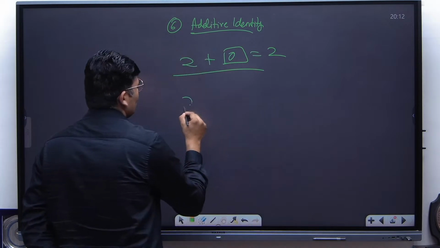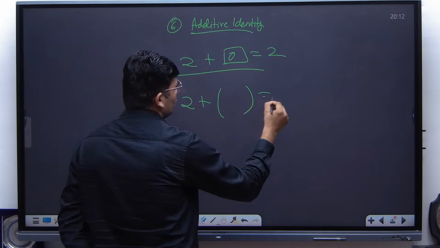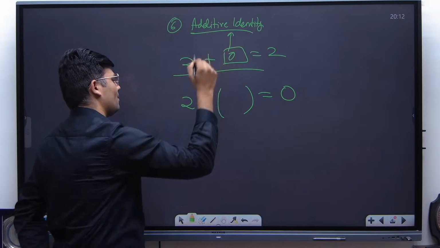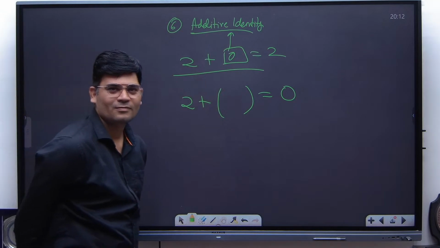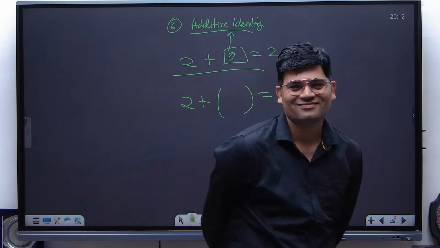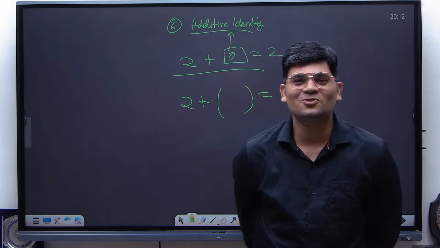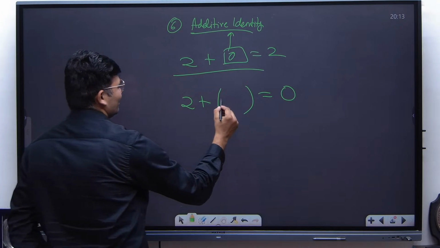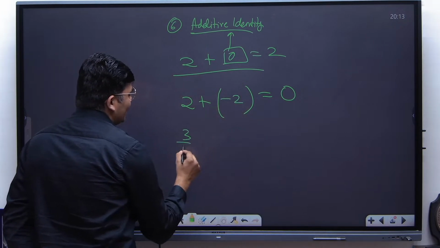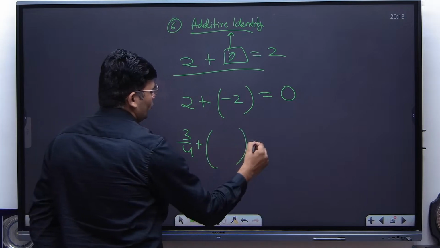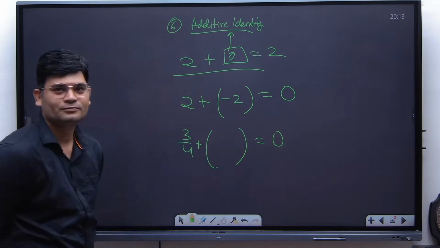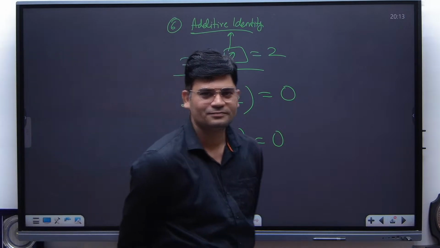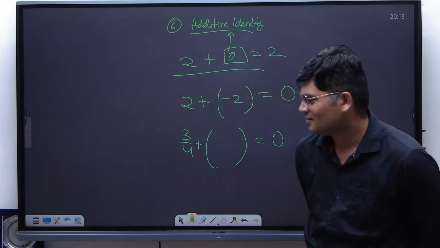So if I ask you, what should be added to 2 so that I get 0? -2. Well done. What should be added to 3 by 4 to get 0? -3 by 4.